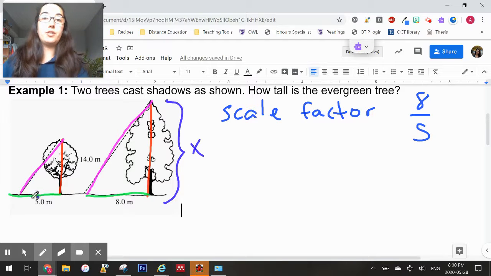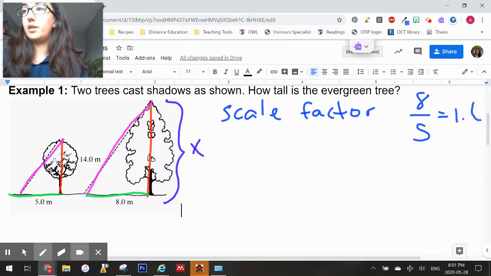I got that because the green side is the only side of my triangle that I have information from both triangles, the small and the large. And just like we find scale factors, we do big divided by small, 8 divided by 5. And 8 divided by 5 is 1.6.